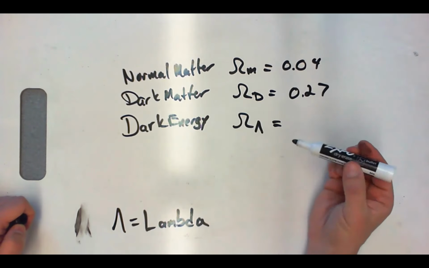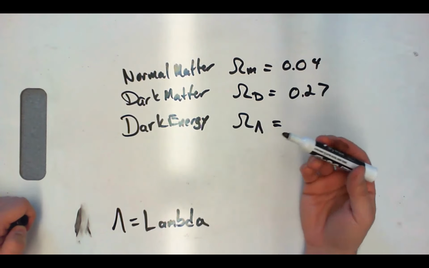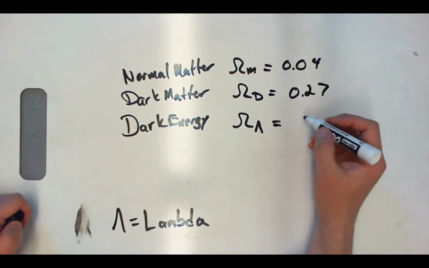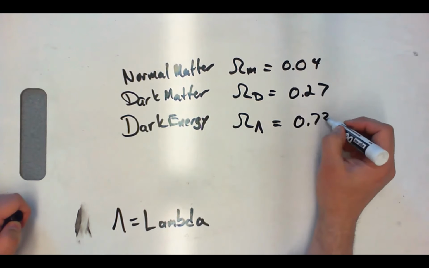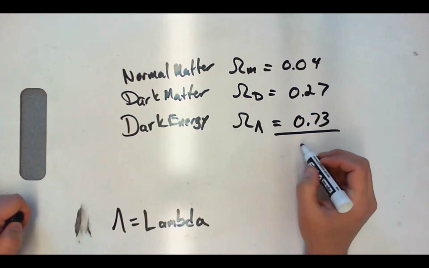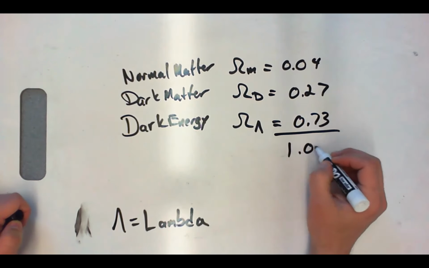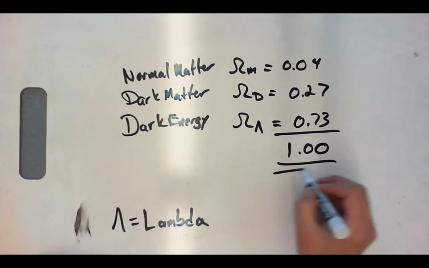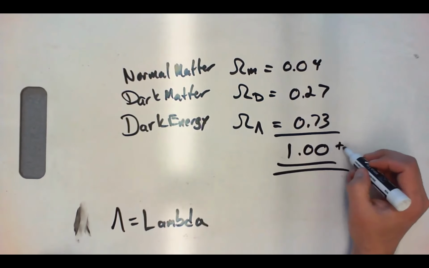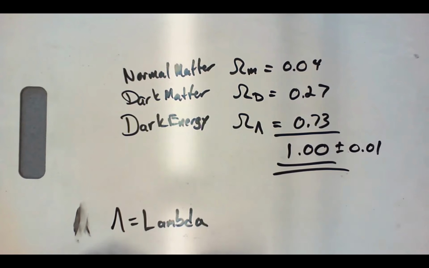We can sort of measure this. This comes out to about 0.73. And when you add all of that up, you get exactly 1, plus or minus 0.01 or so.